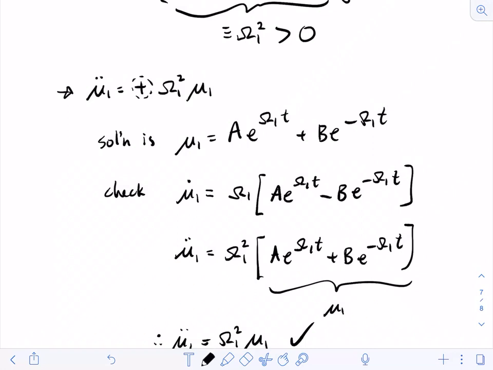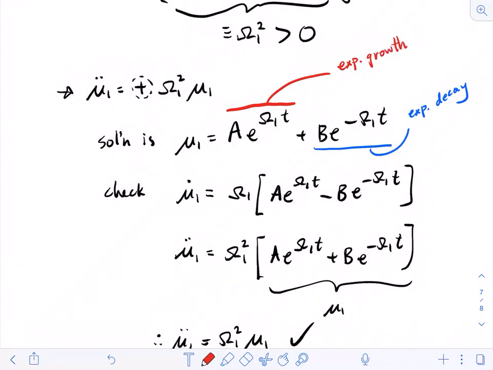Okay, so in the solution then, what we have is one term representing exponential decay. And so that one we don't really worry about, because it says if we had some kind of perturbation, then that perturbation just decays away. And so that would be nice. That would be stable rotations. But over here, we have an exponential growth.